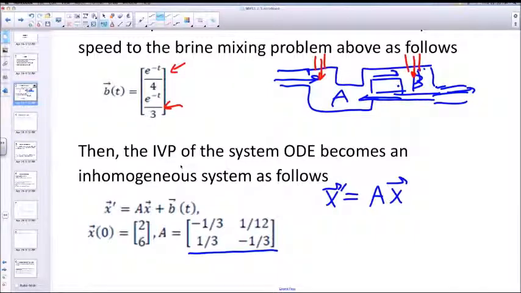You know, you can do the calculation. When t equals 0, you add 1/4 pound into the tank, and 1/3 to the second tank. So if we add this term in the end, then you have a different system.